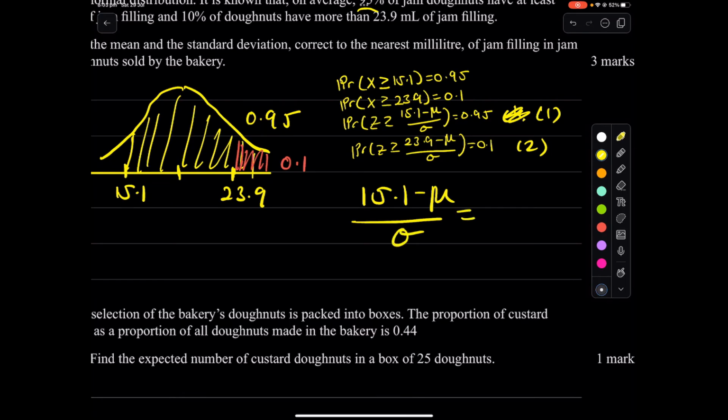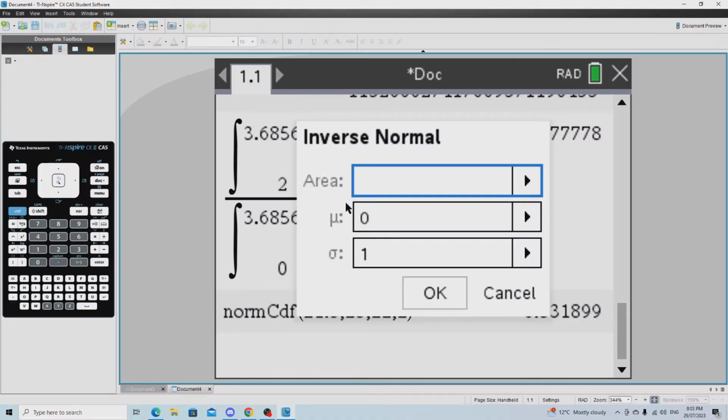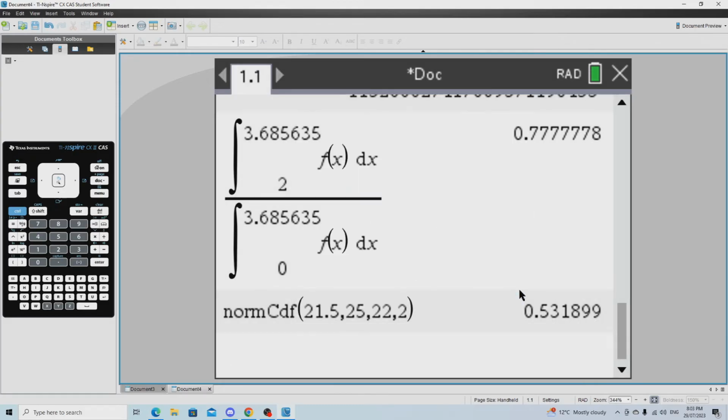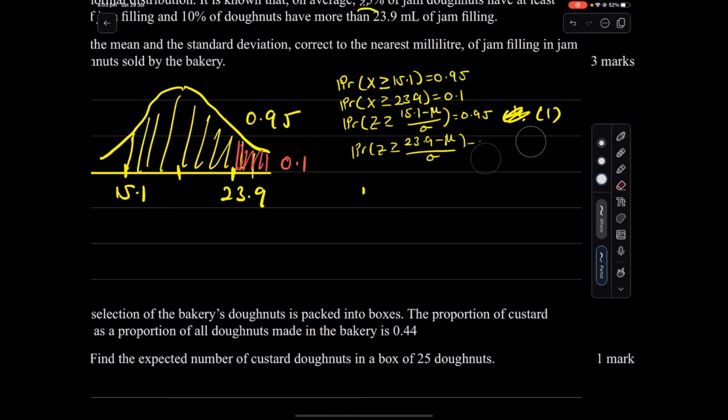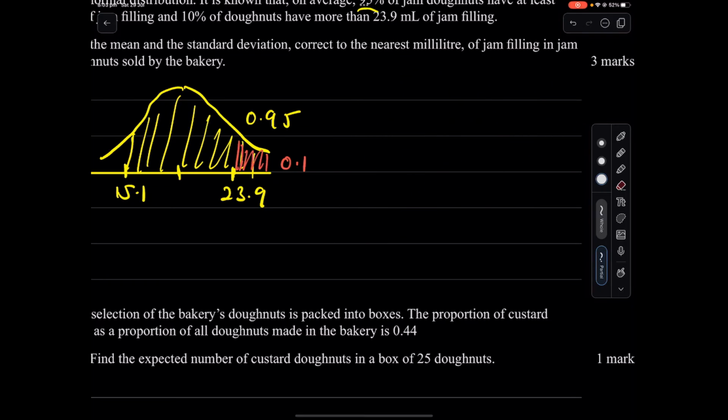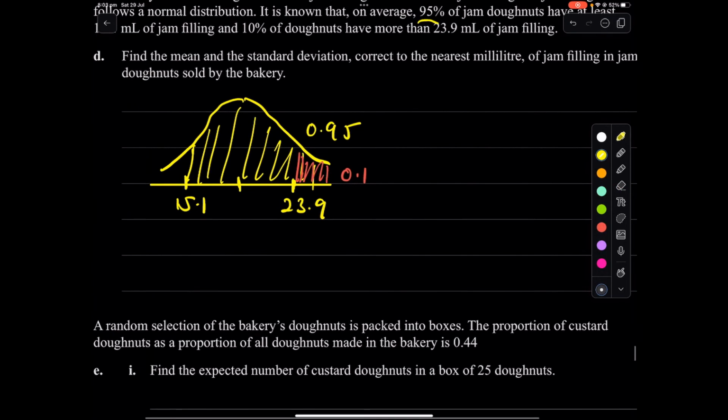If we use our calculator, go on probability distribution, and go to inverse normal... Okay, something's wrong with this. Let me just rub everything out. Okay, this question's a pain. Let me just write it smaller.